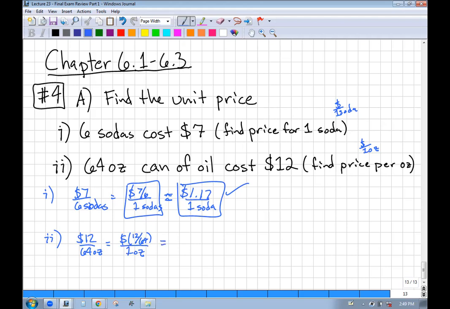So we have our dollars, and we take our calculator, and we say 12 divided by 64, and we get 0.19 per 1 ounce. So it's 19 cents per ounce. This one, I would not box that. I'd box this, but I'd have this written here. This is your work. This is what you want to show. Anyhow, that's what goes through my mind when I'm trying to get here.